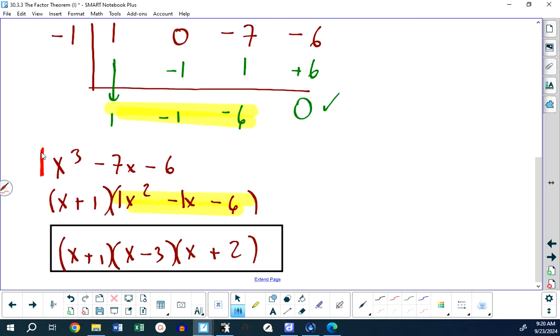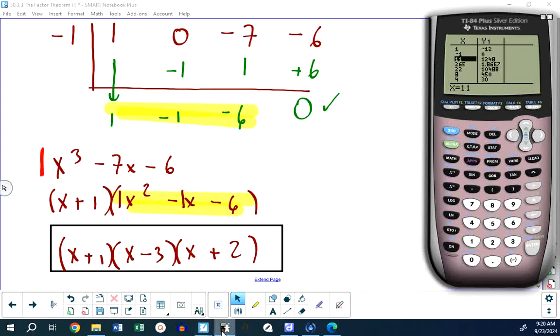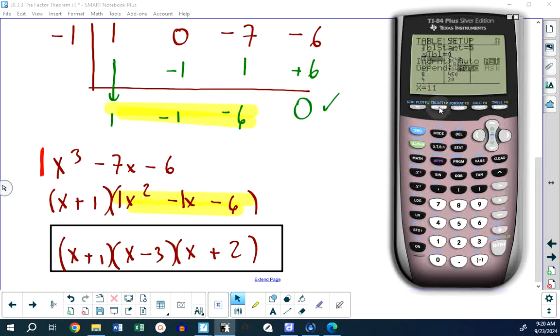So if you're starting to put the pieces together, we could have factored this by setting your table up on automatic, starting at 0 and going up by 1, and finding the 3 zeros. It's not always going to work, though. 3, so x minus 3 is a factor, negative 2 and negative 1, so x plus 2 and x plus 1 are factors. We're going to run into situations where you can't do that, though, and it's when you have one factor that appears more than once.